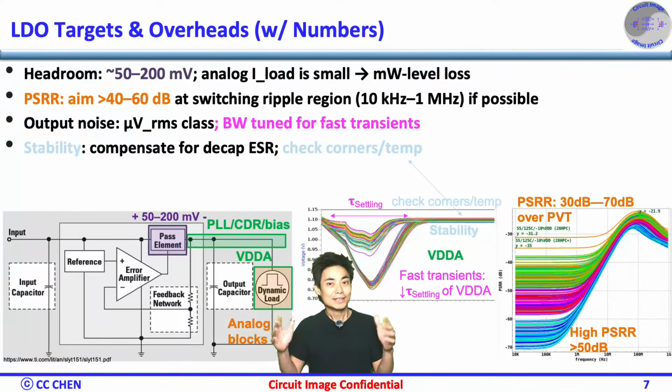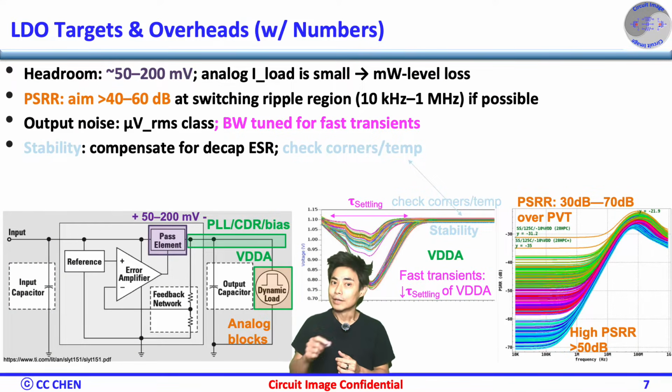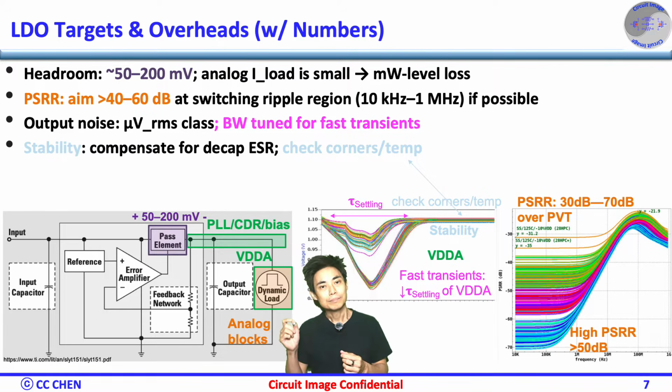Let's look at a practical number. The power overhead of an LDO is actually quite small. Because the voltage headroom is only 50 to 200 mV and the analog load current is low, the power loss is typically in the milliwatt range, a tiny fraction of the chip's total budget.